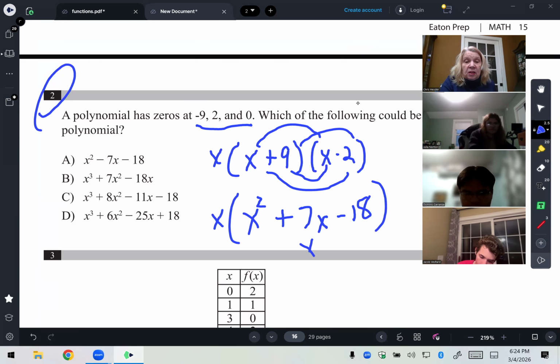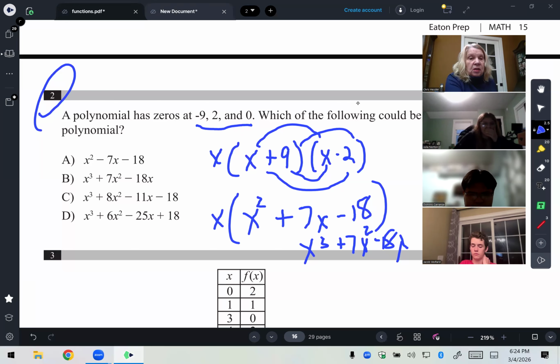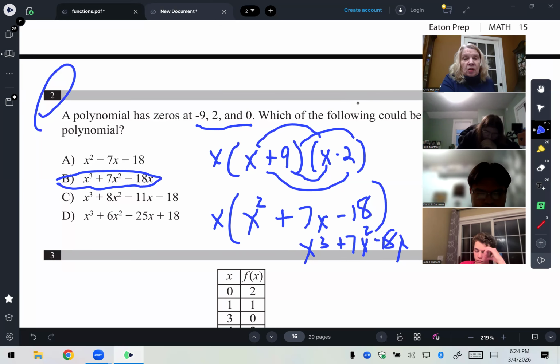And so that'll give us x cubed plus 7x squared minus 18x. And that's going to be answer choice B. So that makes sense? Everybody, okay.